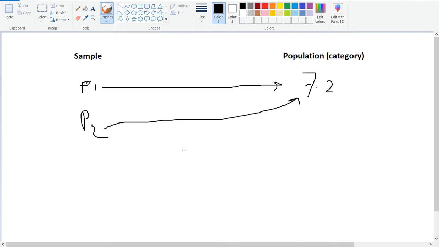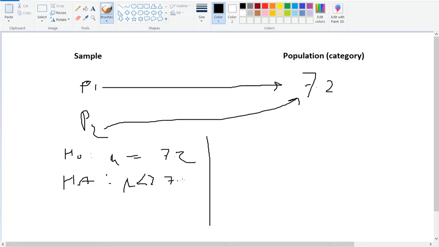So you divide them, and then you go like H0 is that mu equals 7.2, and H alternative is that mu does not equal 7.2. All right, now the rest is going to be very straightforward. It's going to be almost identical to the previous question that we did.